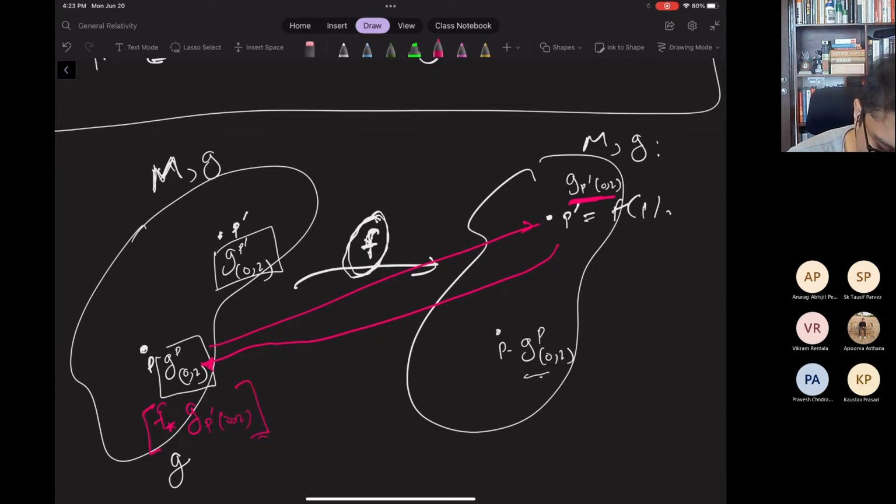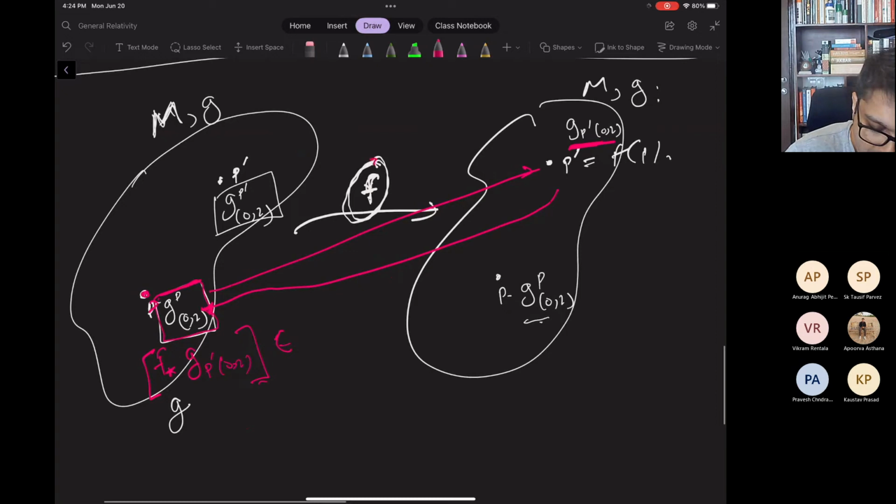This tensor in general, though it belongs to the tensor space at the point P, will not be the same as the original tensor, the metric tensor at this point. Only for a certain class of diffeomorphisms will the pullback tensor agree with this tensor.